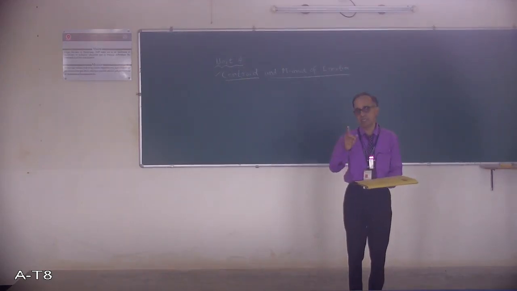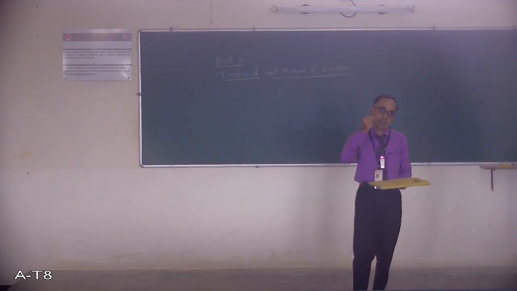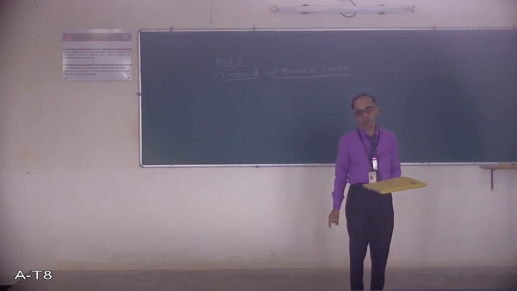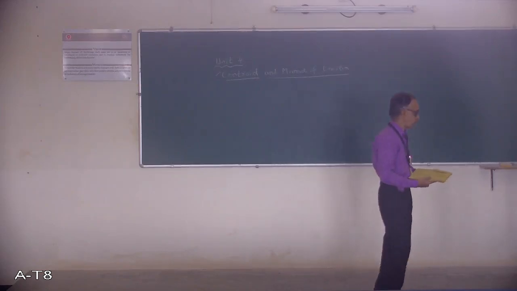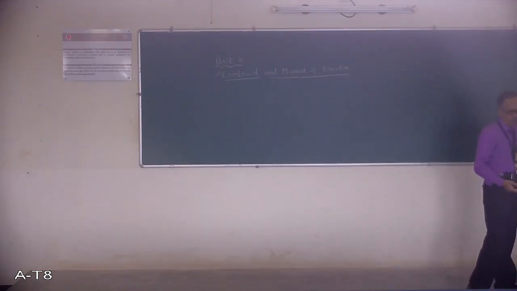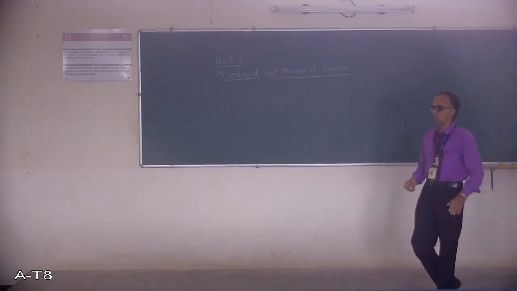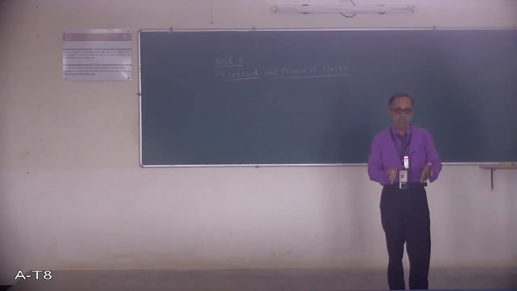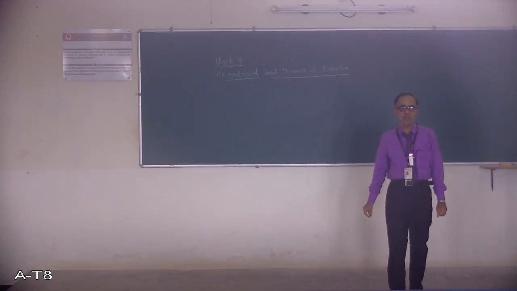For example, I take a circular plate, a triangular plate, a rectangular plate, a square plate. So center of gravity we refer to solid figures, centroid we refer to plane figures.